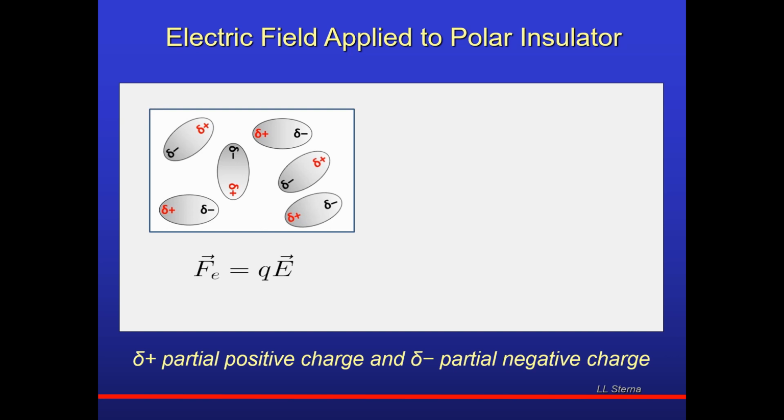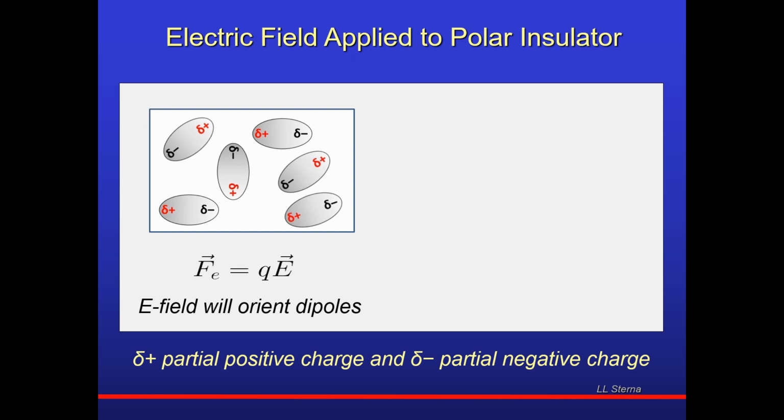But in this case, the partial positive and partial negative apply to parts of a molecule. Therefore, both charges have mass associated with them, and both will respond in a similar fashion. The positive will go in the direction of the field, the negative in the direction opposite the field.